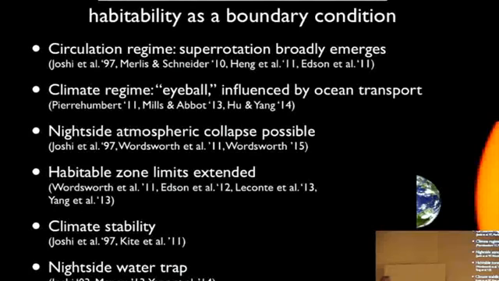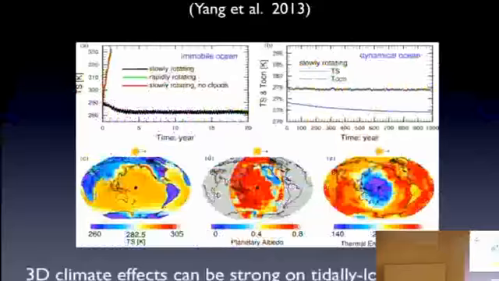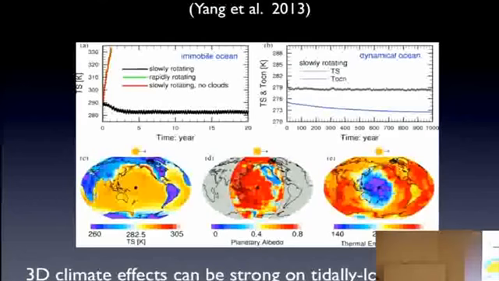People have discussed ways of extending the habitable zone. I think the Chicago group, which Dorian was involved with, has shown, for instance, that you might have a special region on the day side, and I'm going to show you one such result here. You might have a region on the day side where you're able to form a lot of clouds that are very reflective.